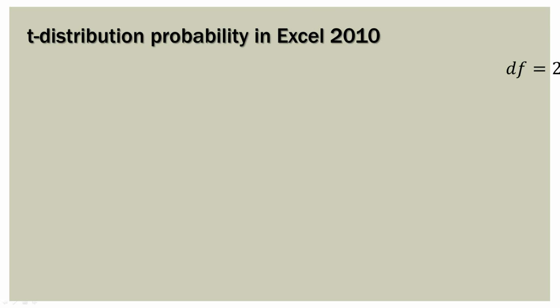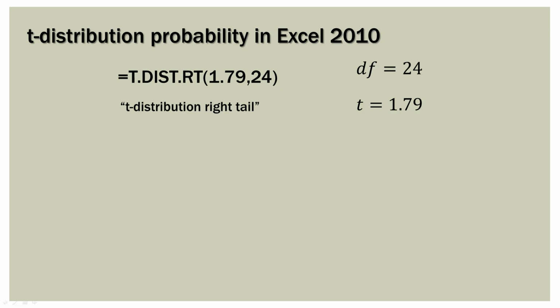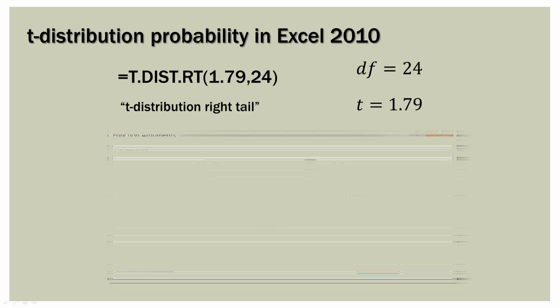Now, how did I find that in Excel? So remember, our degrees of freedom are 24, our t-value is 1.79. So we just use this formula in Excel 2010. It's t.dist.rt. That stands for right tail. It saves us from having to subtract from 1. So 1.79 is our t-value, and 24 is our degrees of freedom.